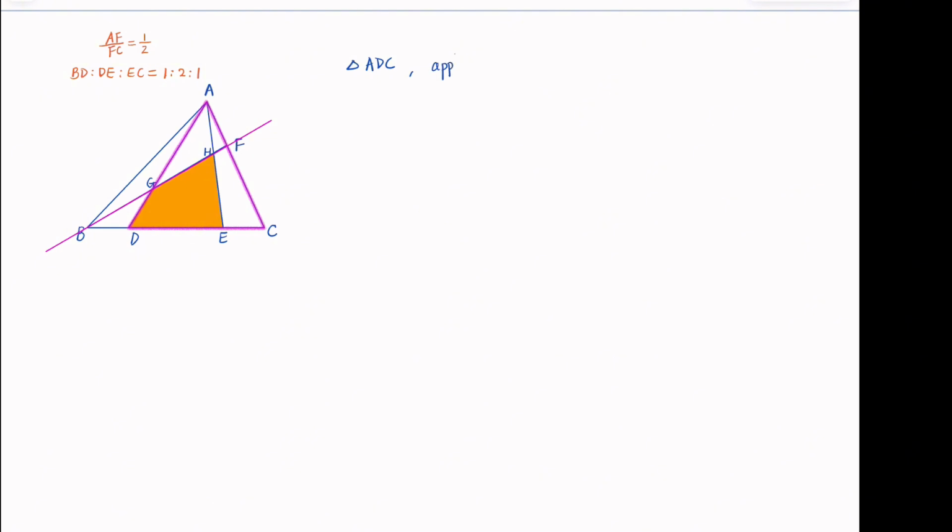apply AG over GD times, here notice that the intersection on DC comes to here, B, so it's going to be DB over BC, times CF over FA, equal to 1.